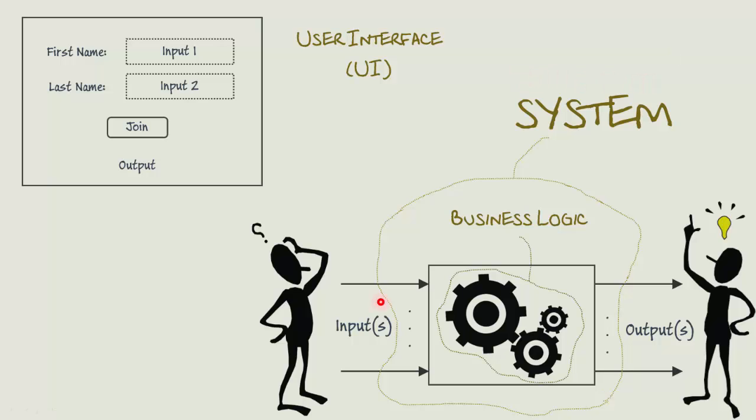A system will get some inputs, which in our case is the first name and the last name, and will transform those inputs to the output, which in our case is going to be the complete name. Remember that it's the business logic of your application that is going to take care of that transformation. So we need to write a program for that.